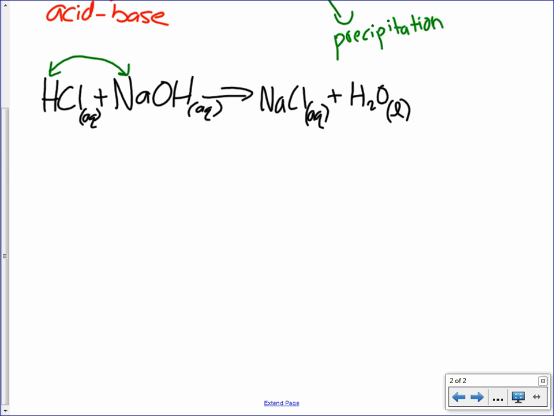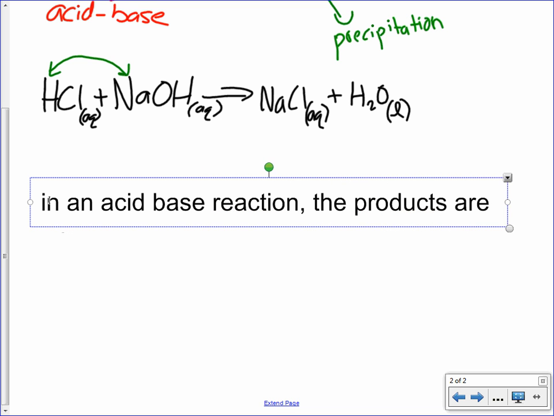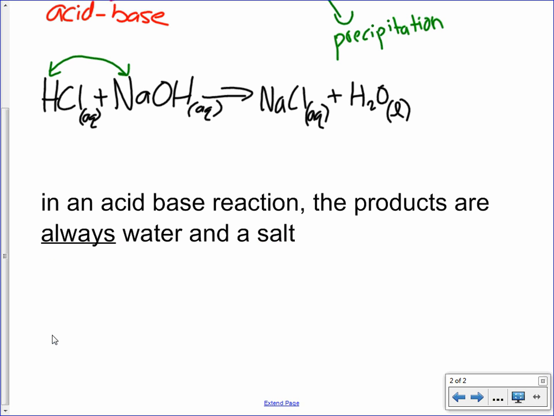The nice thing is, in an acid-base reaction, let me write this down, the products are always water and a salt. The products are always, always, always going to be water and a salt.